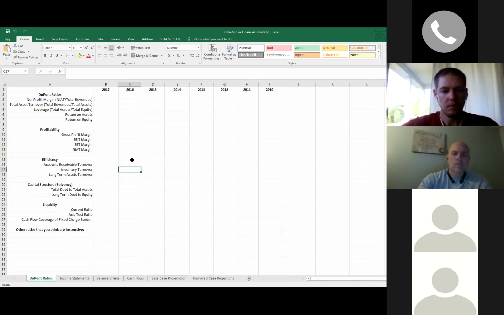Basically, to get a little bit ahead, what we'll be doing is starting with projecting the top line on the income statement, the revenue line, and then using the past relationships between revenue and asset values as a way of projecting what those asset values will be.